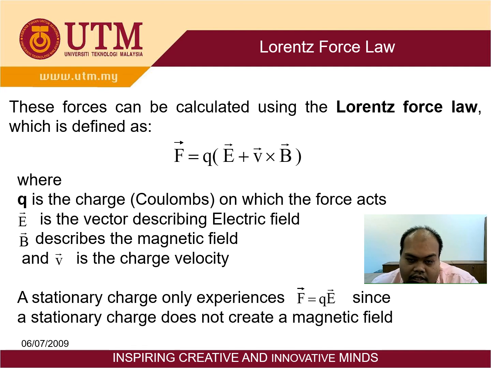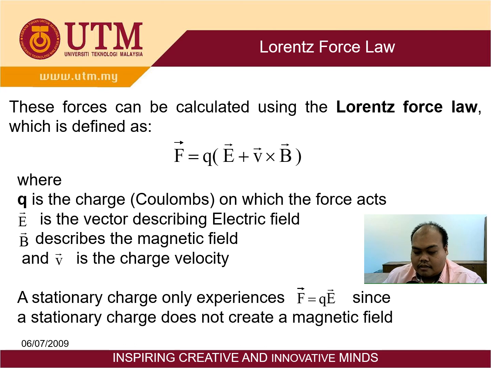As you can see from this equation, if the charge doesn't move, V is equal to 0, so the force acting on it is only QE. B only has an effect if the charge is moving. If the charge doesn't move, you will not have force caused by the magnetic field.